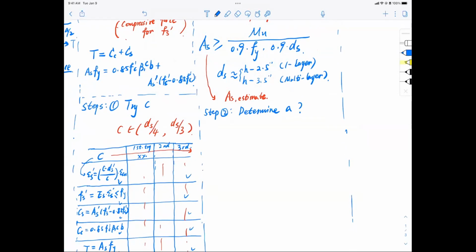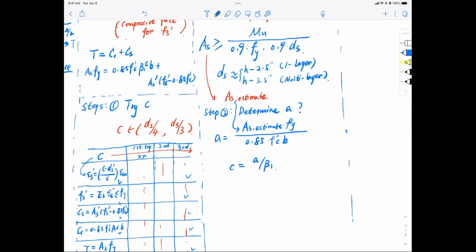So a should equal As estimate times Fy divided by 0.85 f'c b, the width. And you get a, and then the actual compression zone depth c should equal a divided by beta 1.